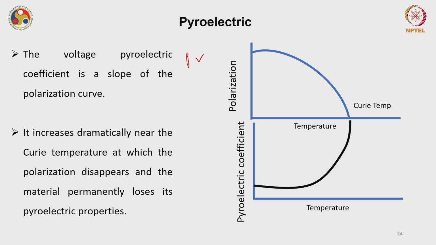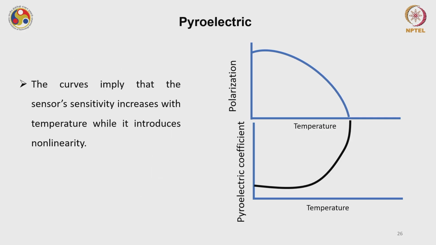It increases dramatically near the Curie temperature. This point is Curie temperature, at which the polarization actually disappears and material permanently loses its pyroelectric properties. The curve implies that the sensor sensitivity increases with temperature while at the same time it also introduces some non-linearity in the device.